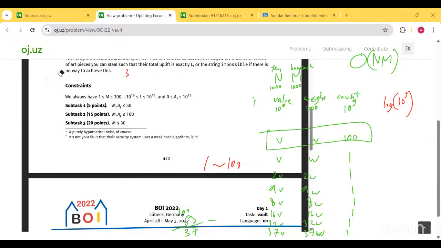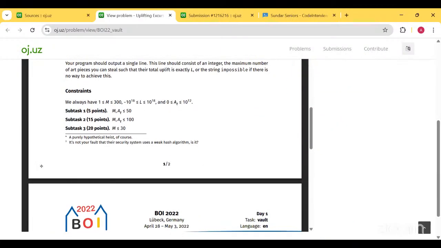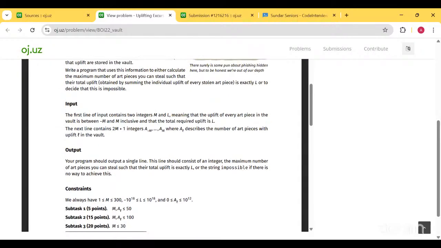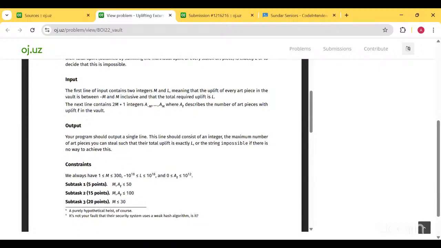All right. So how to speed up this solution? At first, we can do it greedily, since we want to maximize the number of items or the number of pieces.